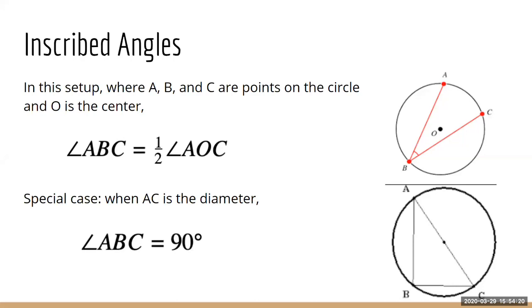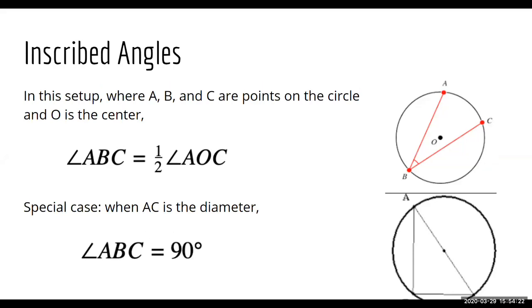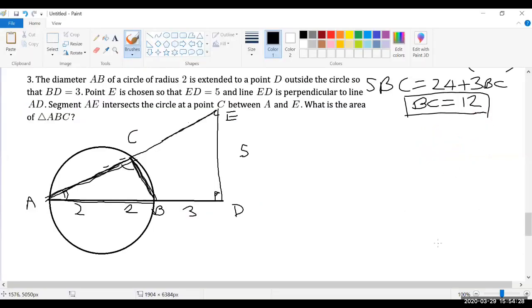All right, so now that we know that, we can go back to the problem and say, well, AB is the diameter of the circle O, and C is a point on it. So that property tells us that by inscribed angles, angle ACB has to be a right angle.